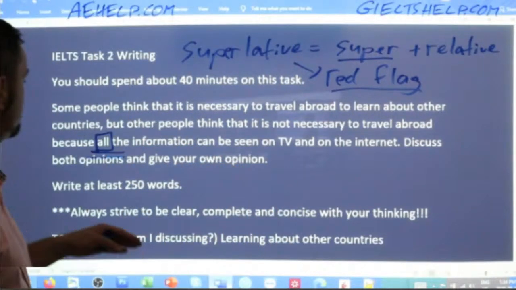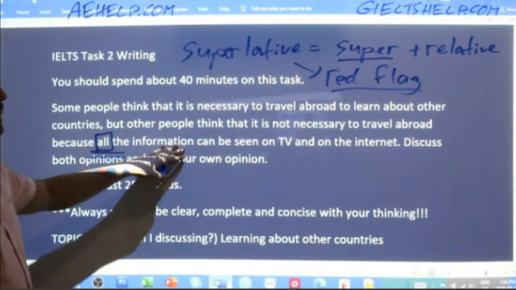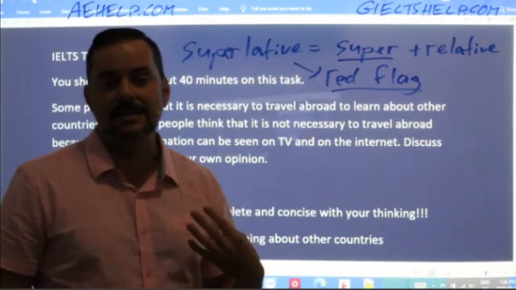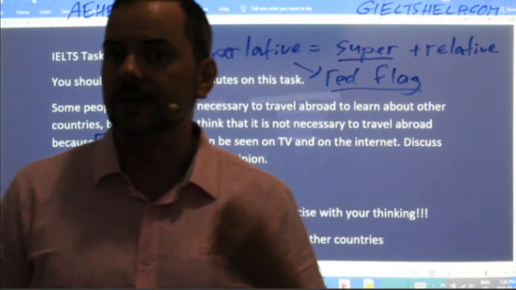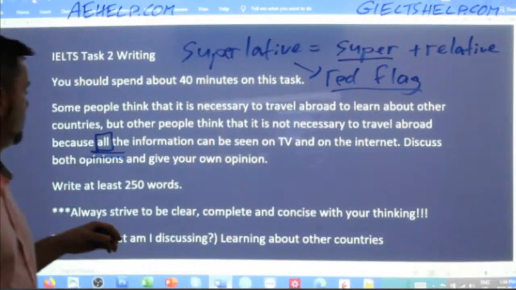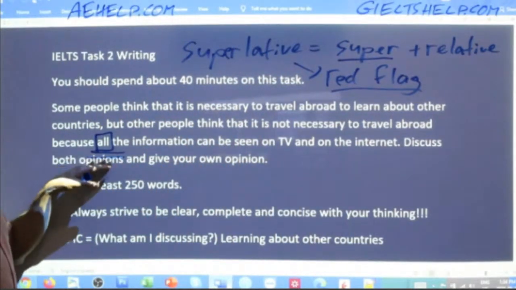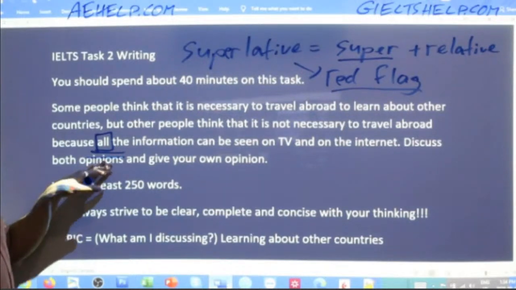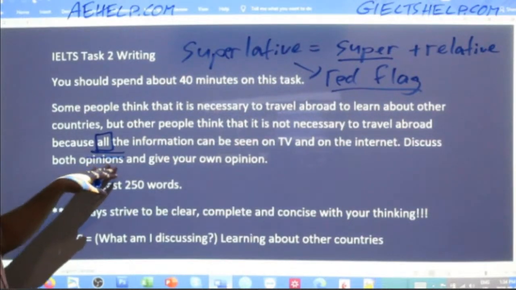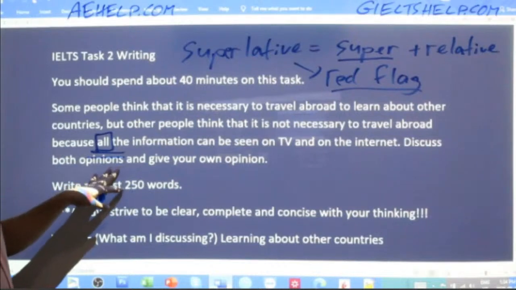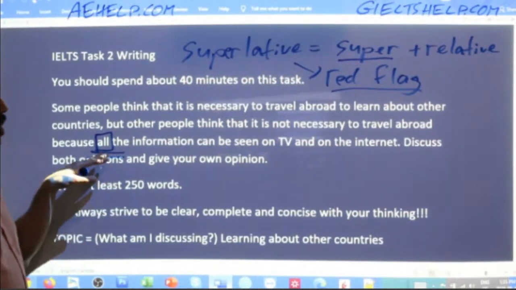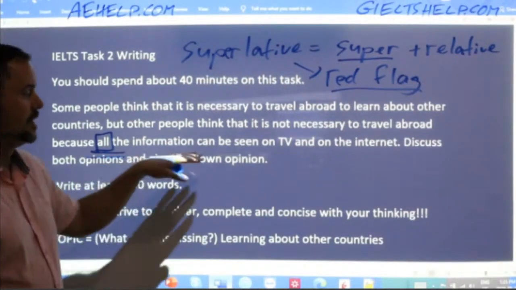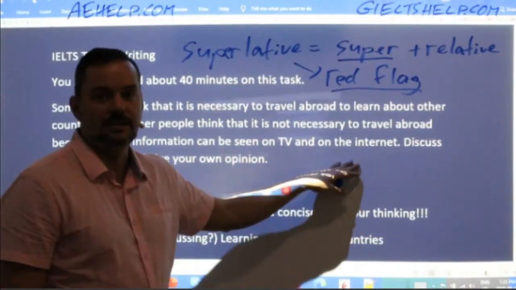So in this question, remember that in our thesis, we correctly said that it's probably better to travel to other countries to learn all the information. And by looking at this carefully now, we realize how good it really is that we chose that side of the argument, because I think all of you will agree that it's not really possible to learn all the information about another country based on what we see on TV and the internet.